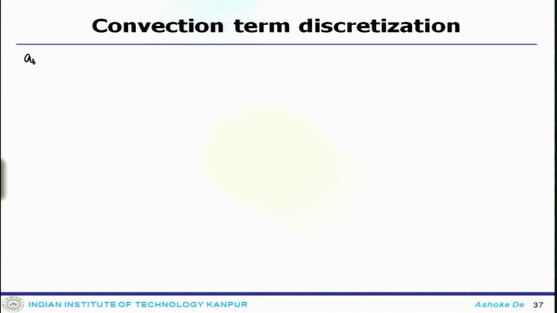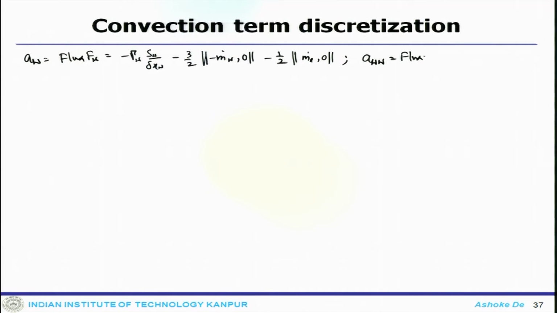Now, A W equals flux F W, which is gamma W S W by del x W minus 3 by 2 m dot W 0 minus half of m dot E 0, and similarly you get A W W equals flux of F W W, half of minus m dot W 0.